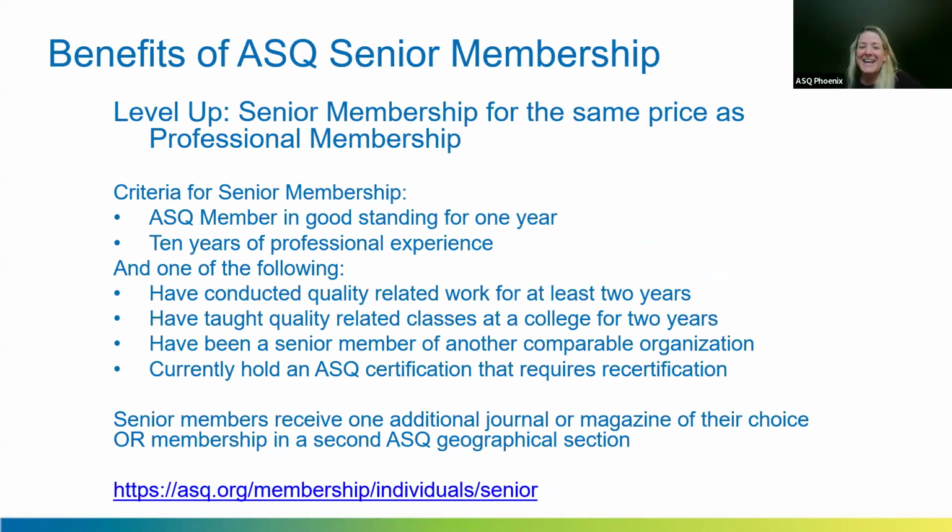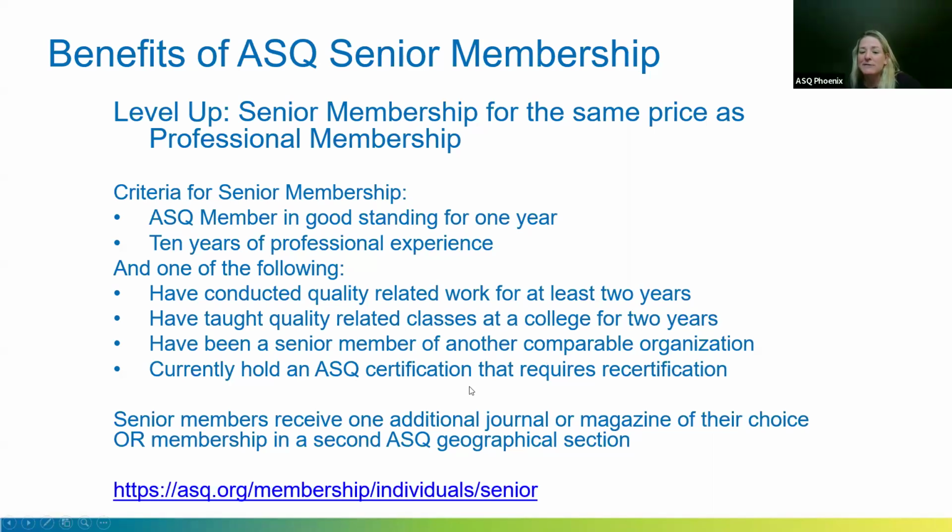However, if you level up to a senior membership, there is no additional cost for this. And you do receive membership in one additional section, or you get a journal or magazine of your choice. It's a limited choice, but it's still an option. Criteria for senior membership include you must be an ASQ member in good standing for 1 year, and you must have 10 years of professional experience and have one of the additional following.